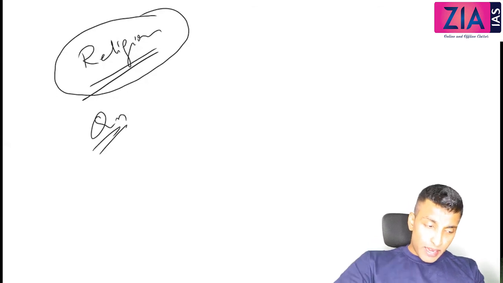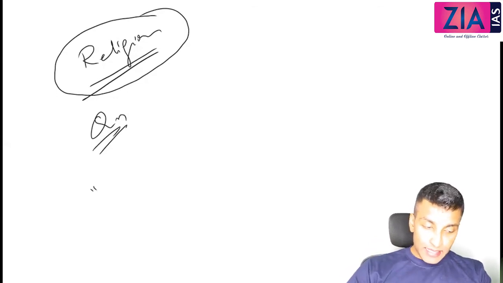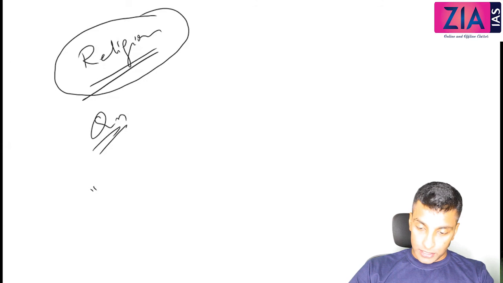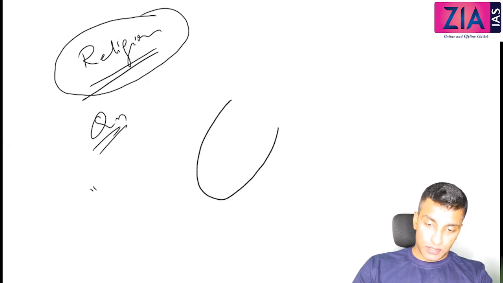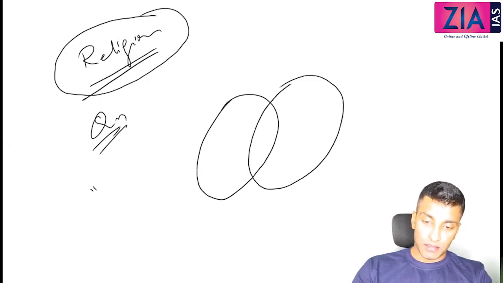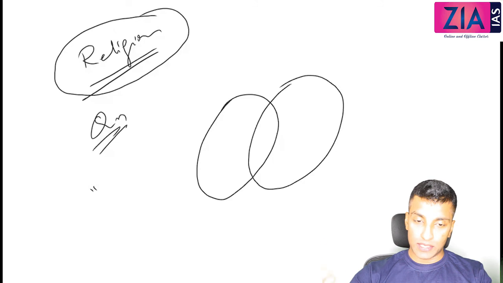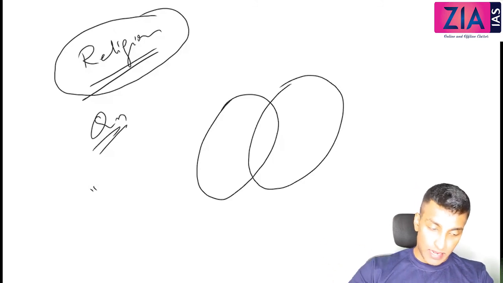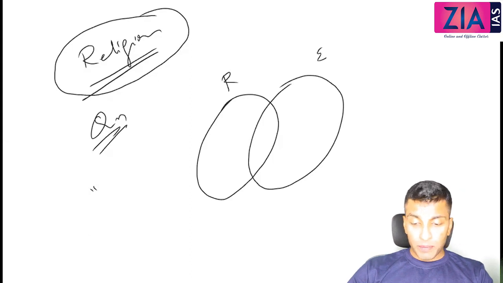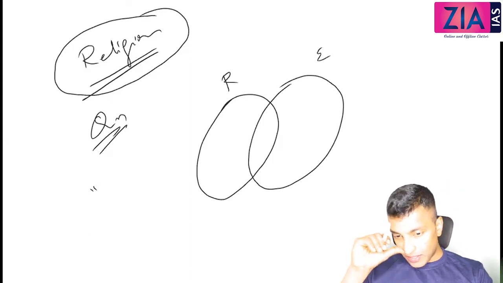One more statement you can write: religion is ethics and ethics is religion. Discuss. Here again, like what we have discussed in case of ethics and morals, you can make this diagram: religion, ethics. So what you can interpret from this, you get 2-3 points here.